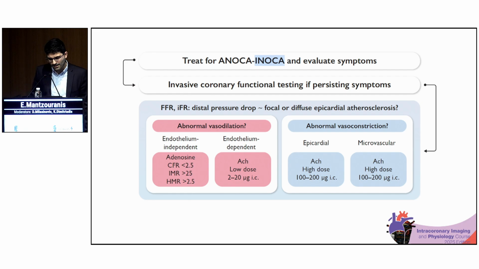Abnormal vasodilatation might be proven to be either an endothelium-independent endotype, with adenosine testing showing low CFR and high IMR, or an endothelium-dependent endotype, which is still considered abnormal vasodilatation at the low dose of acetylcholine. And abnormal vasoconstriction, either epicardial or microvascular, is proven when we inject high doses of acetylcholine, as previously shown.